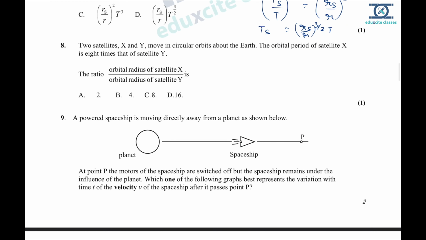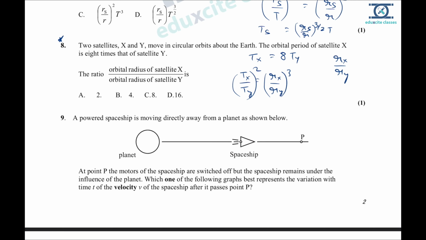Now question number 8 is a very good question. The two satellites X and Y move in a circular orbit about the Earth. The orbital period of X is 8 times that of Y, that is Tx is 8 times Ty. It is asking you the ratio of the orbital radius, Rx upon Ry. As we have already solved, (Tx/Ty) squared is nothing but (Rx/Ry) cubed.